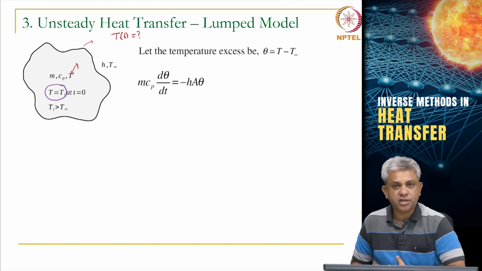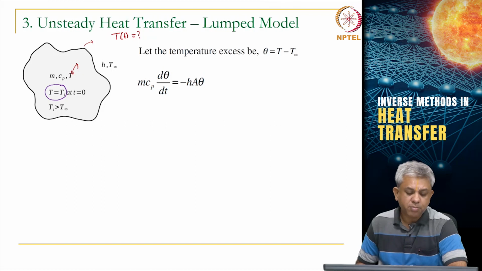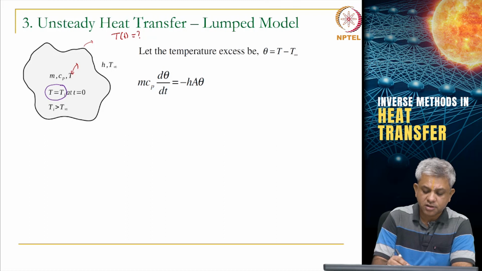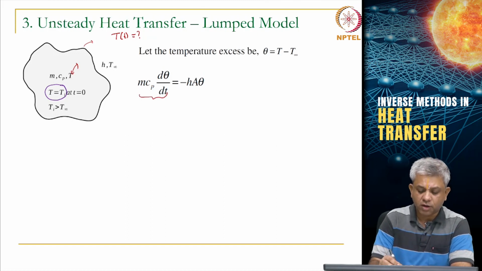Why does the temperature change? You go back to the original energy equation: mCp d theta dt is minus hA times theta. This is the rate of change of enthalpy of the object, and this is the convective loss.